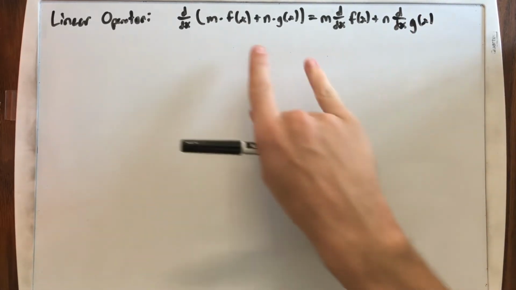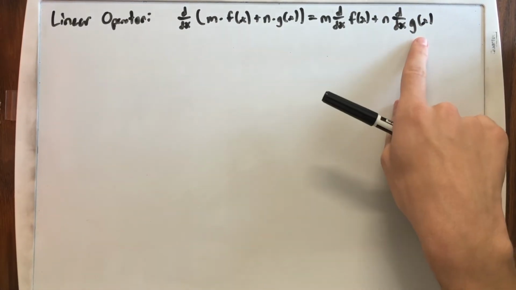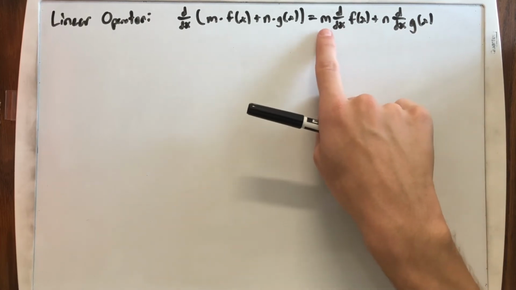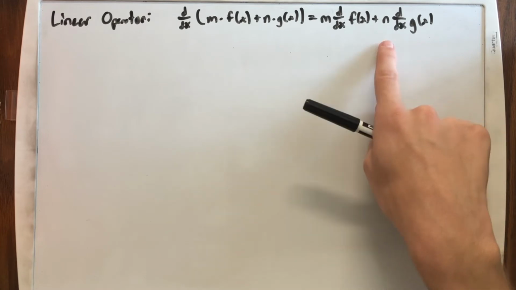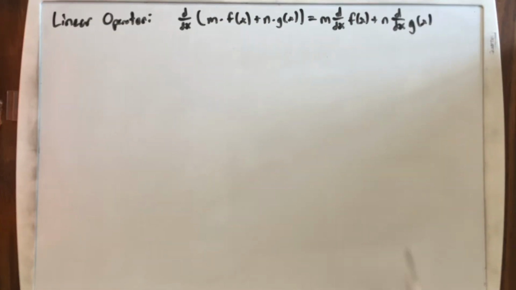So all this means is that you can split up these functions into two separate derivatives and evaluate them independently. And it means that you can always pull out constants from the derivative, which are both very useful tools when solving for them.